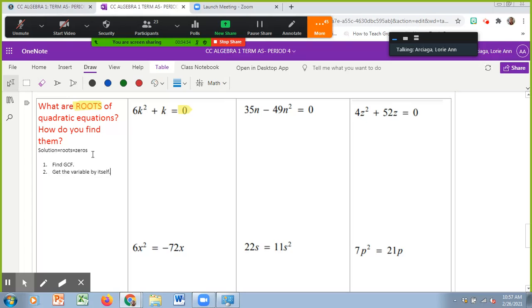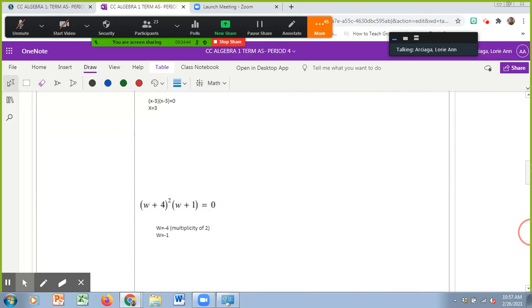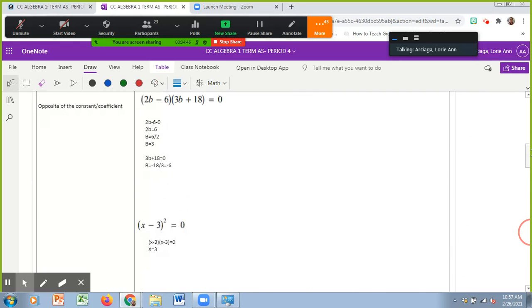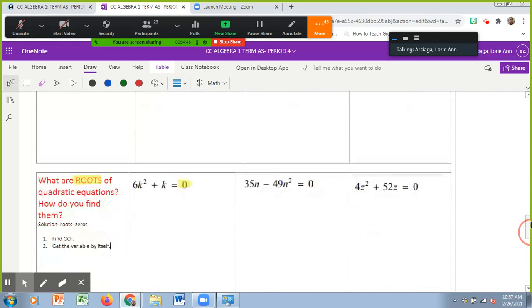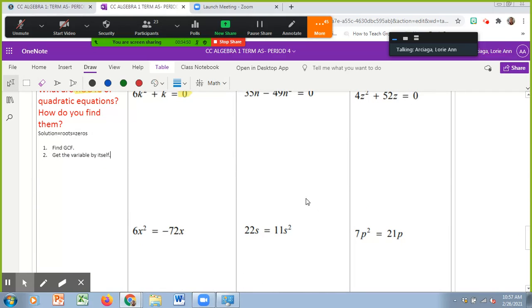Greatest common factor. Very good. So we have to find the greatest common factor, and after that, we get the variable by itself. That's the same thing as the shortcut you were doing over here, the zero product property, or maybe I could call that the zero product shortcut, because you guys learned the shortcut.